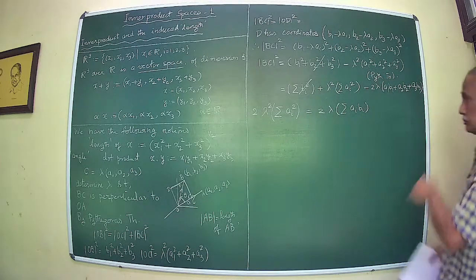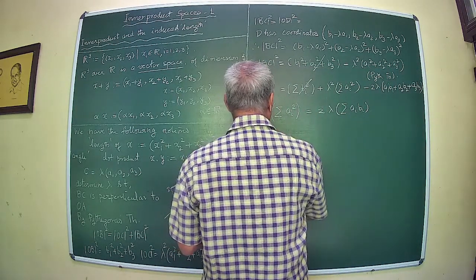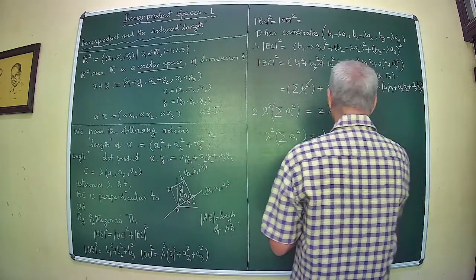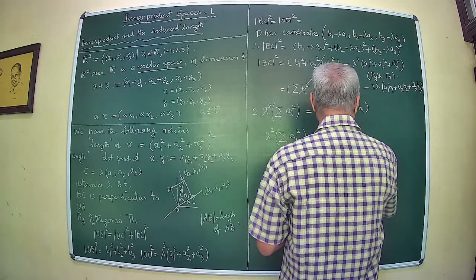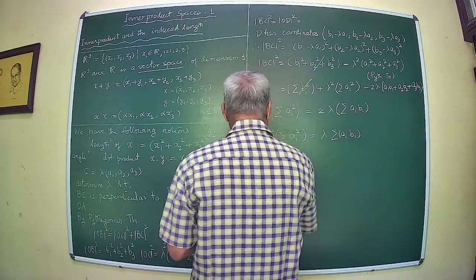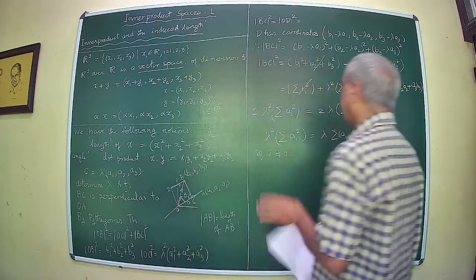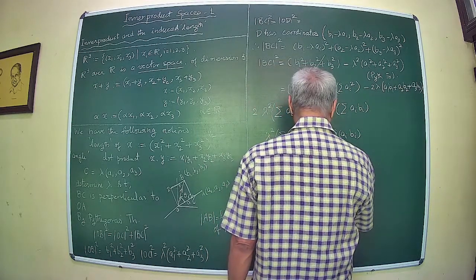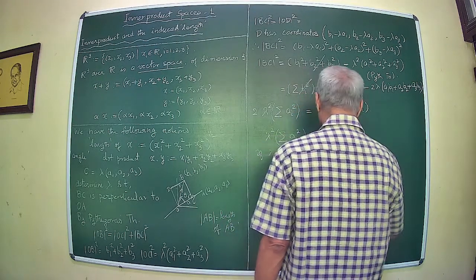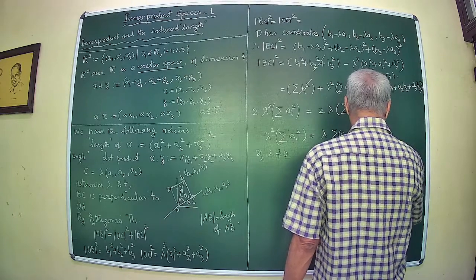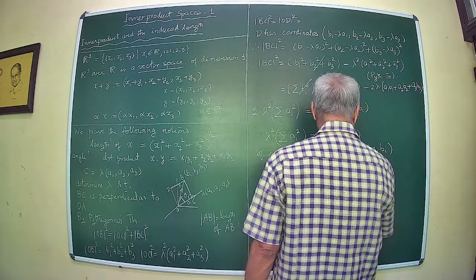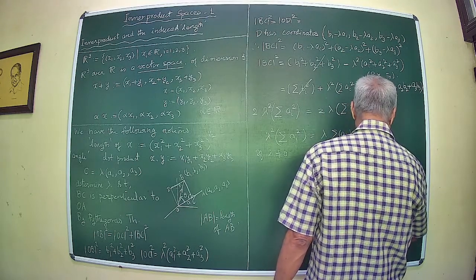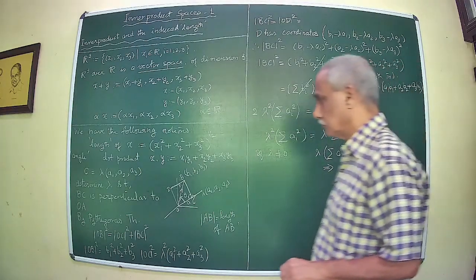And that means that, if lambda is not equal to 0, then you have lambda equal to this expression.